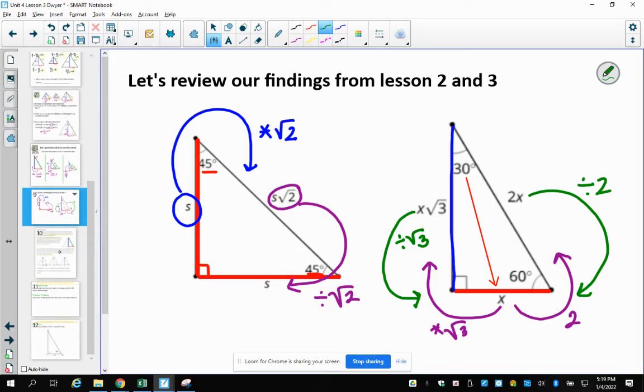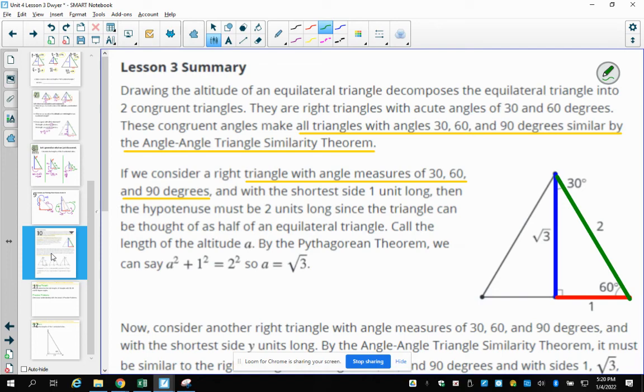So let's take a look at that in the summary. Here's a couple of things. The big deal here is that it has to be 30, 60, 90 degree triangles. That has to be the angle measures. If the short leg is 1, the altitude is square root 3, and the hypotenuse is 2. This is kind of like a parent triangle that you can always compare it to.